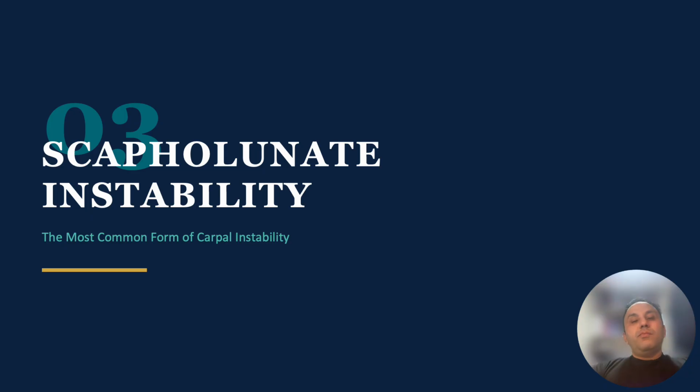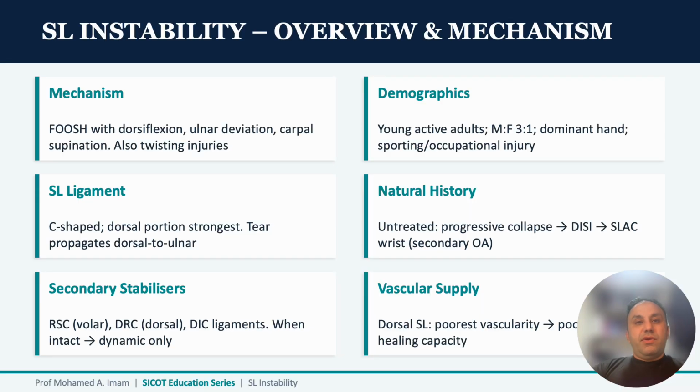Let's start with the most common instability, which is scapholunate instability, and it is the most clinically significant instability that we see in our practices. Usually these patients will describe the same mechanism of injury with forced dorsiflexion, ulnar deviation, and pronation, which happens when you land on an outstretched hand, FOOSH.